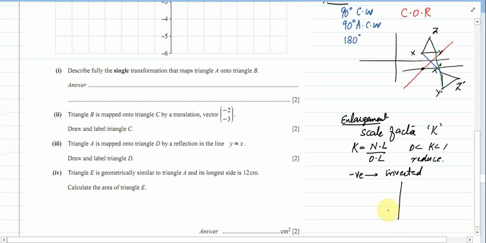What does it mean? Let's suppose you have a triangle A. If A is enlarged, that will be an enlarged triangle with a positive scale factor, right? Scale factor is positive in this case. For a negative scale factor, it will be plotted like this. So these are the important points that you should recall while doing the topic transformation from the past papers, right?